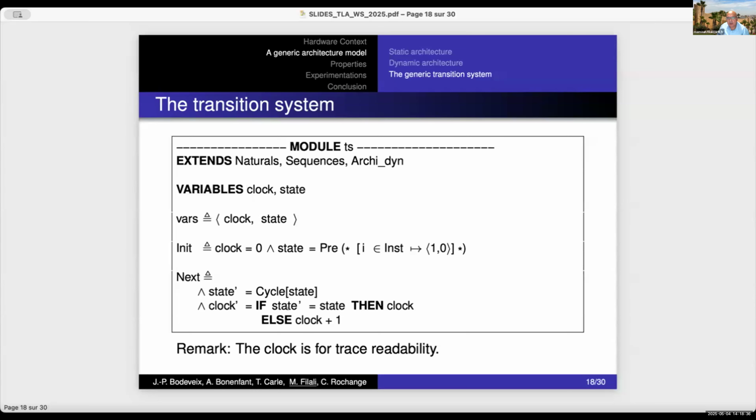So here we have our transition system, and we are in the usual TLA but with context. That is, we have the init and next, and we will be able to state the usual TLA properties, safety and liveness properties, through the init and next predicates.